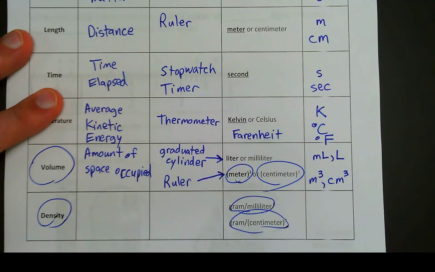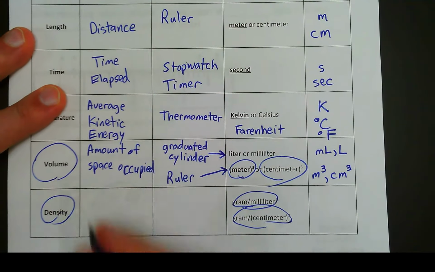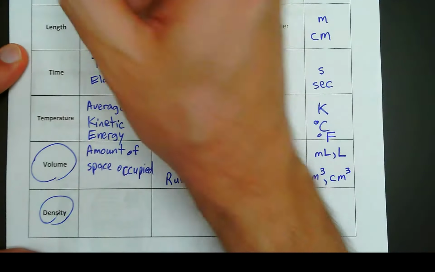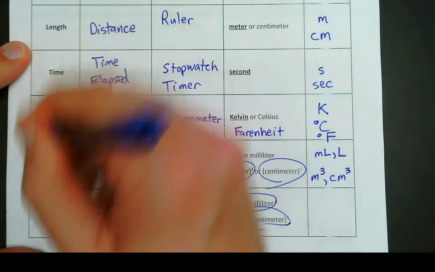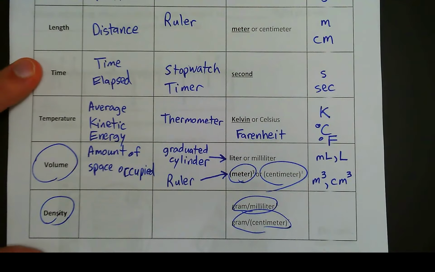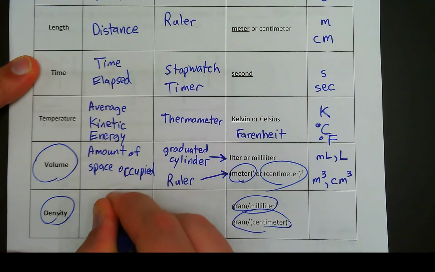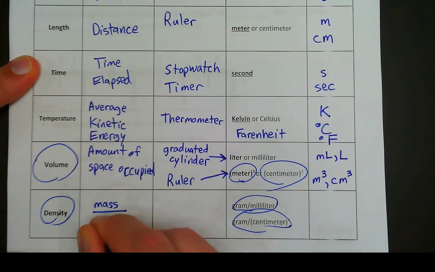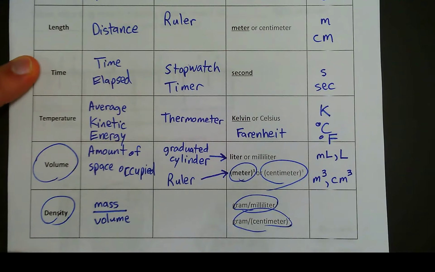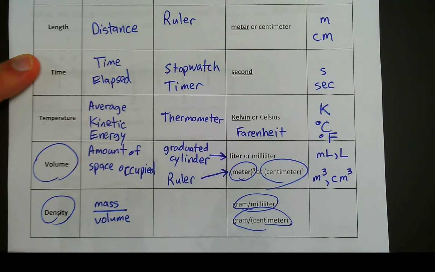Density is also going to be a derived unit because density is a combination of mass and volume. It's using both of those. So really right there we can say that density is mass divided by volume, and you will learn this next class.